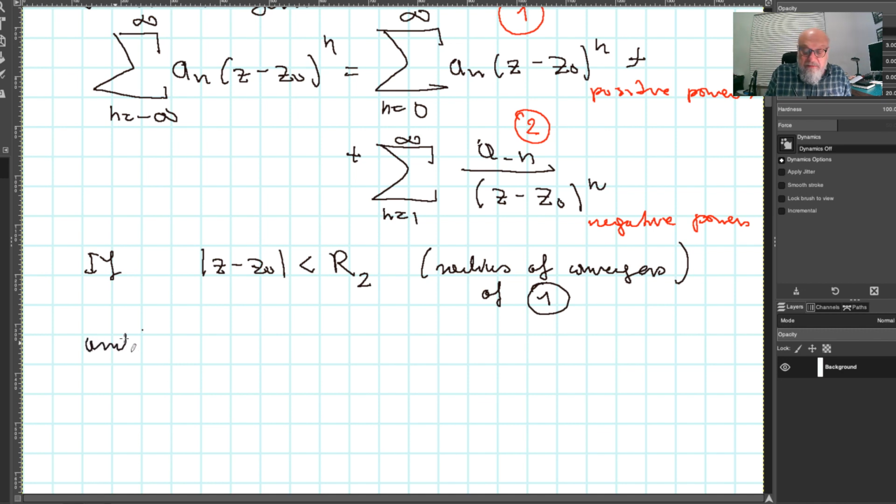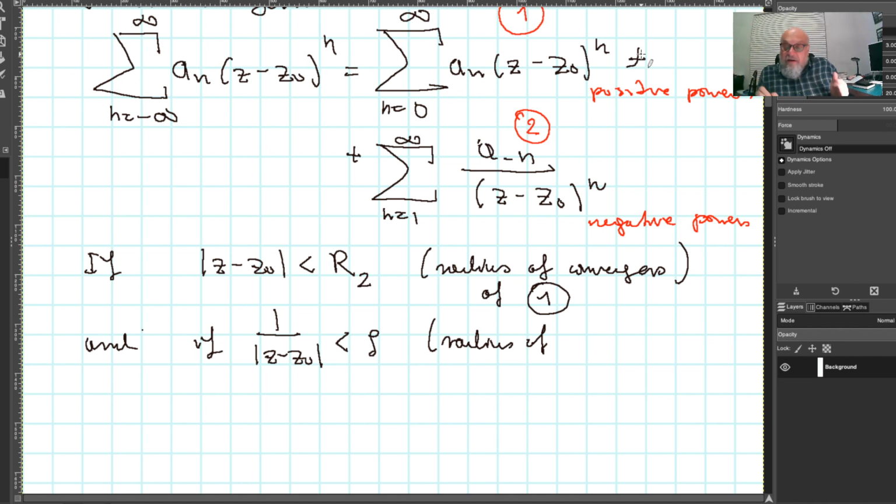And if 1 over |z minus z0| is smaller than rho, this is the radius in a certain way of convergence, because with negative powers you can still take it as a power and apply one of the tests, and you will find that it gives you the radius of convergence for the second series.